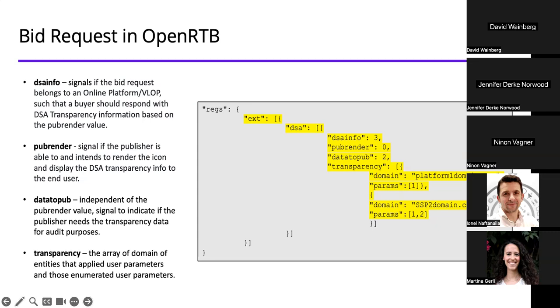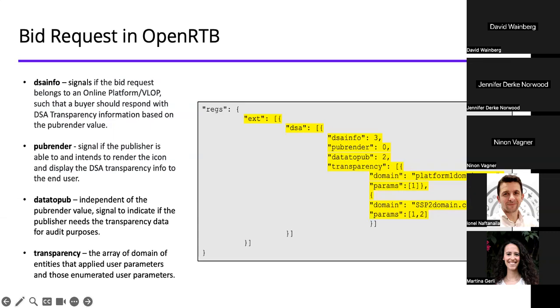Third attribute is the data to pub attribute. This is used to indicate whether the online platform still needs the DSA data, even if they have indicated in that pub render attribute that they're not going to display the information themselves. And the purpose of data to pub is for auditing.